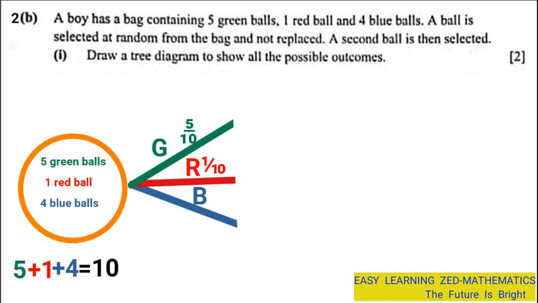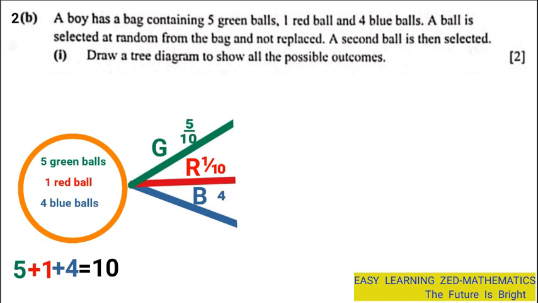What is the probability of picking a blue ball? The number of blue balls in the bag is 4. So that means there are 4 balls which are blue, so the probability will be 4 over 10.